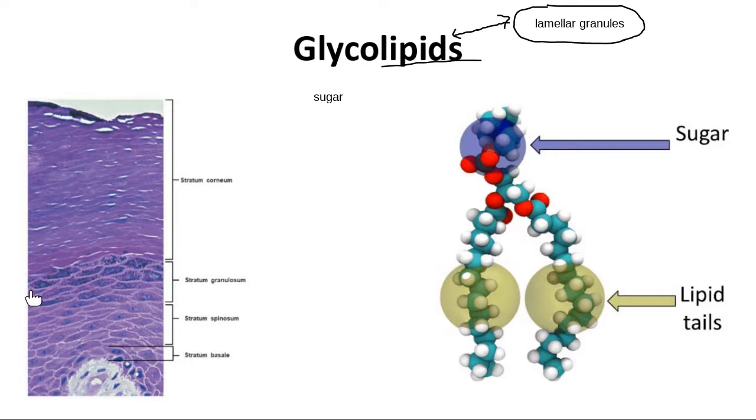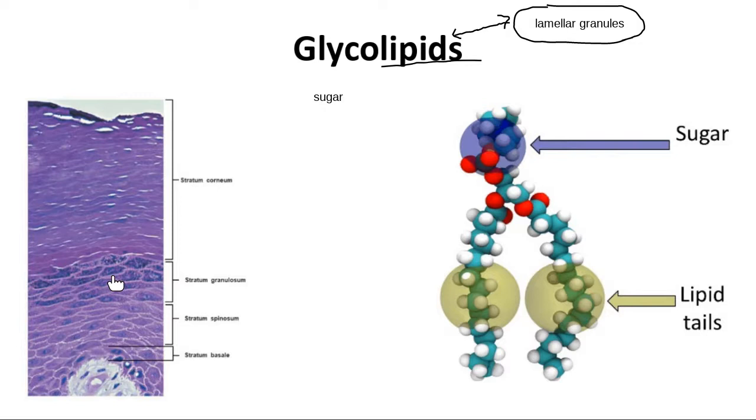So in stratum granulosum, this is the layer where cells actually start to die. The reason that they're dying is because they're covering themselves in this waterproofing coat that keeps out the water from the environment, but also keeps out the water that has nutrients.